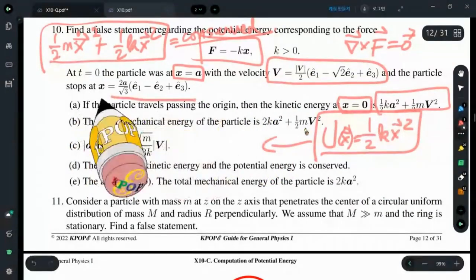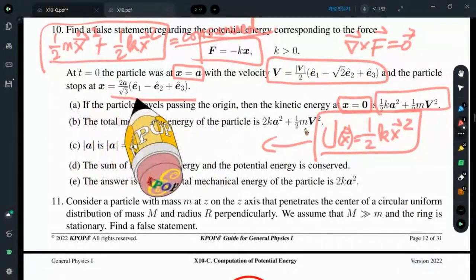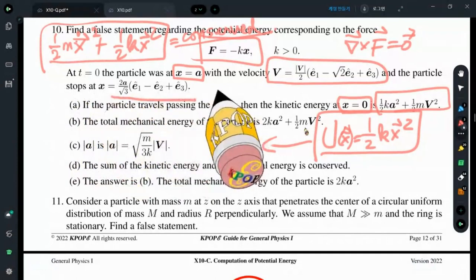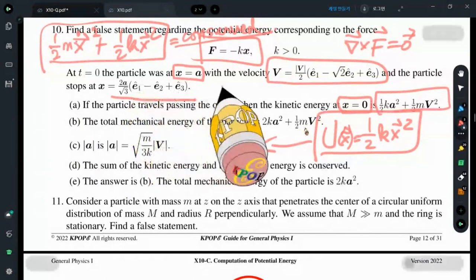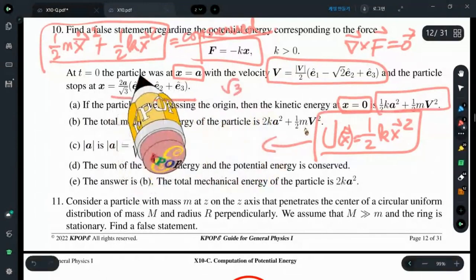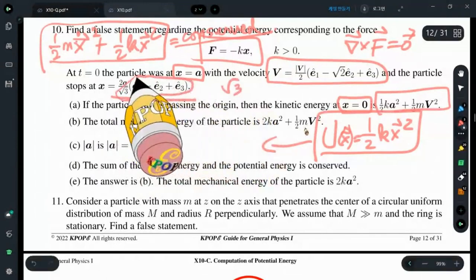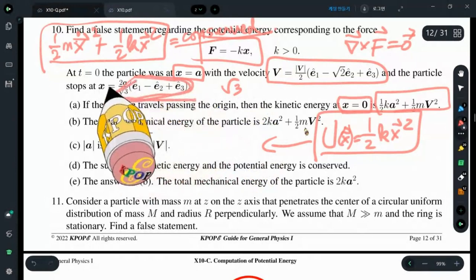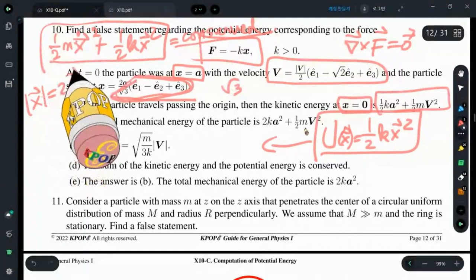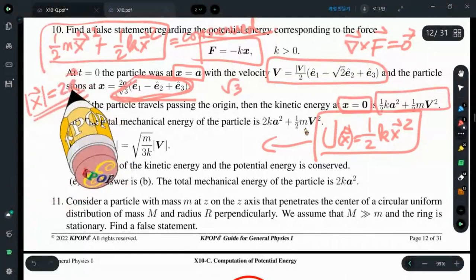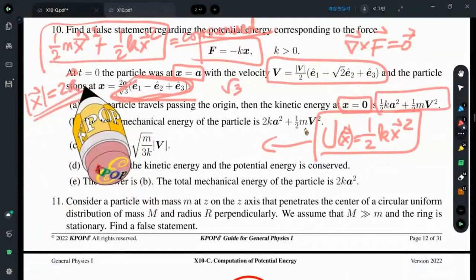This one is easier. It stops at x equals something. You know, we have 1, 1, 1, this magnitude of square root 3, divided by square root 3. So this is a unit vector. So the magnitude of x is just 2 times a. And at this point, it stops.